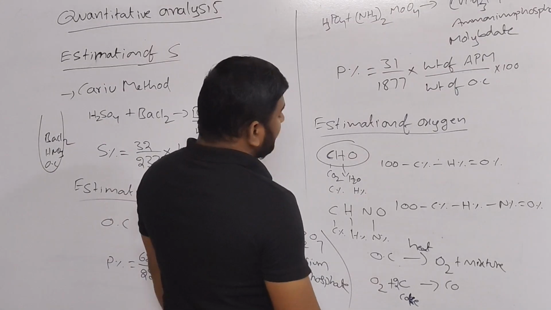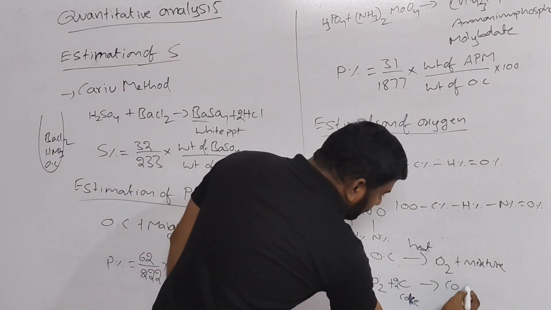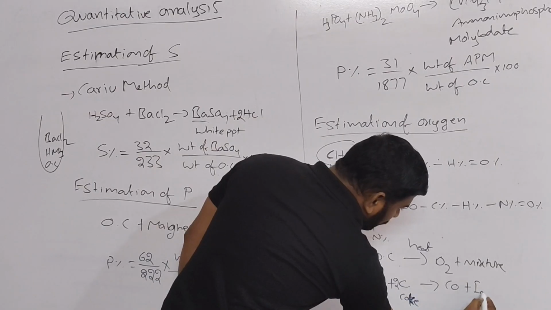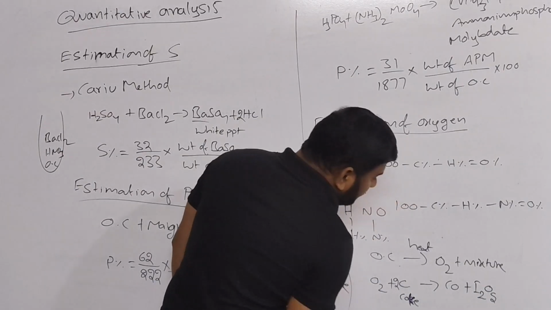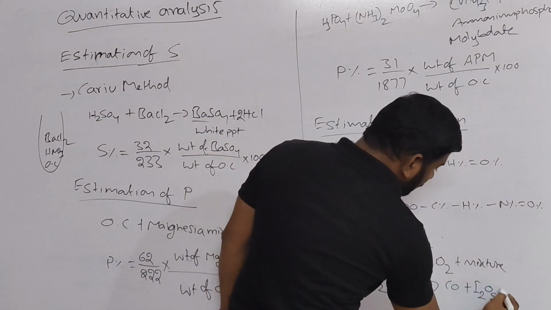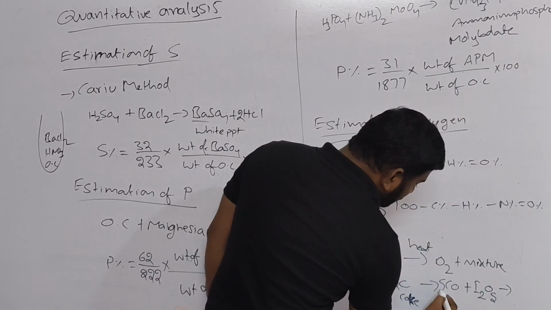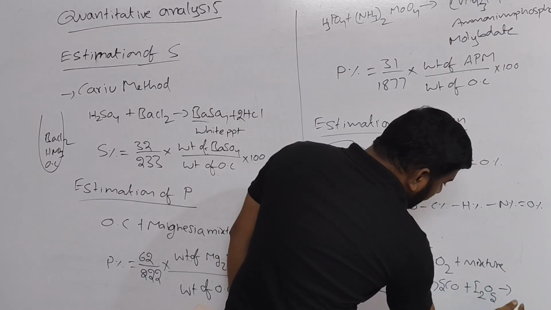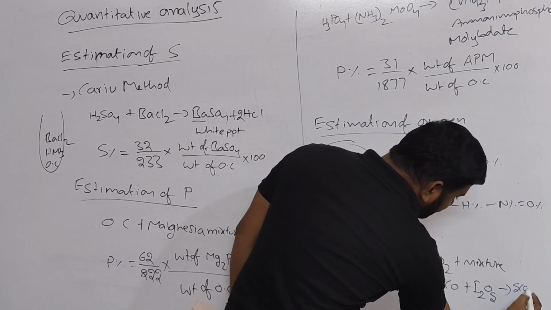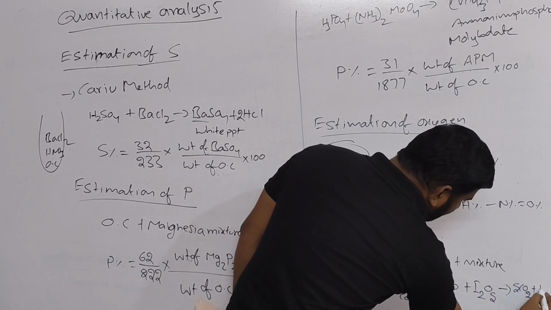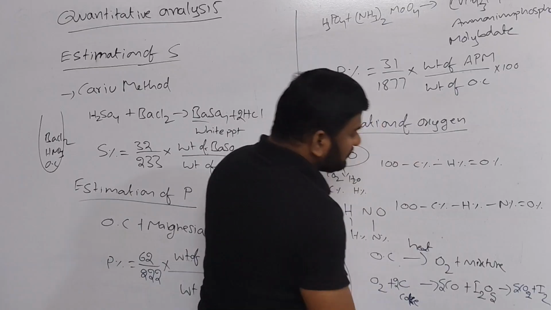When this carbon monoxide is passed through I2O5, iodine pentoxide, 5CO combines with I2O5 and gives 5 moles of CO2 and I2.